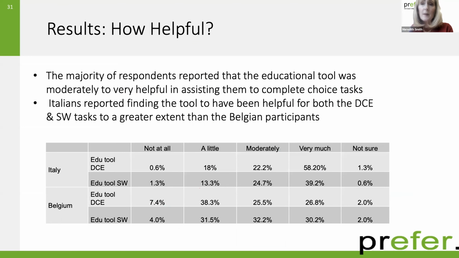At the end of the questionnaire, we had several questions about the participants' experience with the educational tool. The first of them concerned how helpful they found the tool to be. Next.